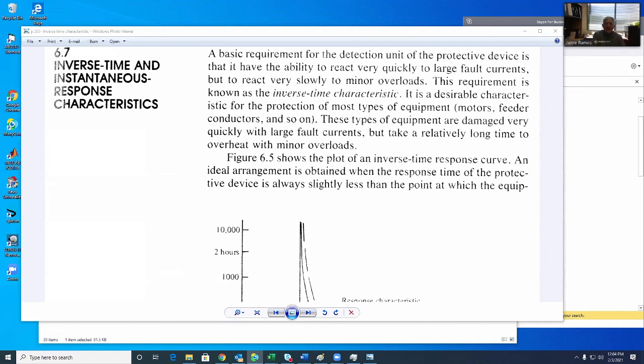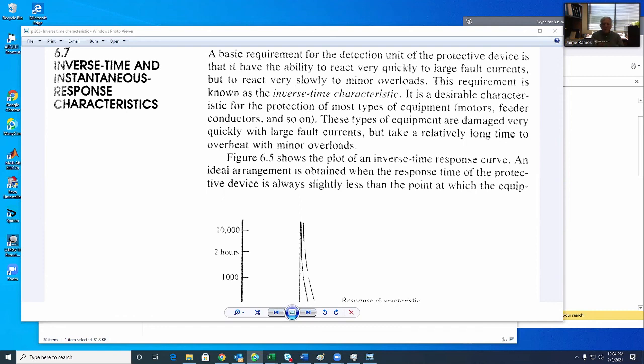So it's got to have an adaptive response, very fast and very slow. This requirement is known as inverse time characteristic. It is a desirable characteristic for the protection of most types of equipment: motors, feeder conductors, transformers. This type of equipment is damaged very quickly with large fault currents, but takes a relatively long time to overheat with minor overloads.